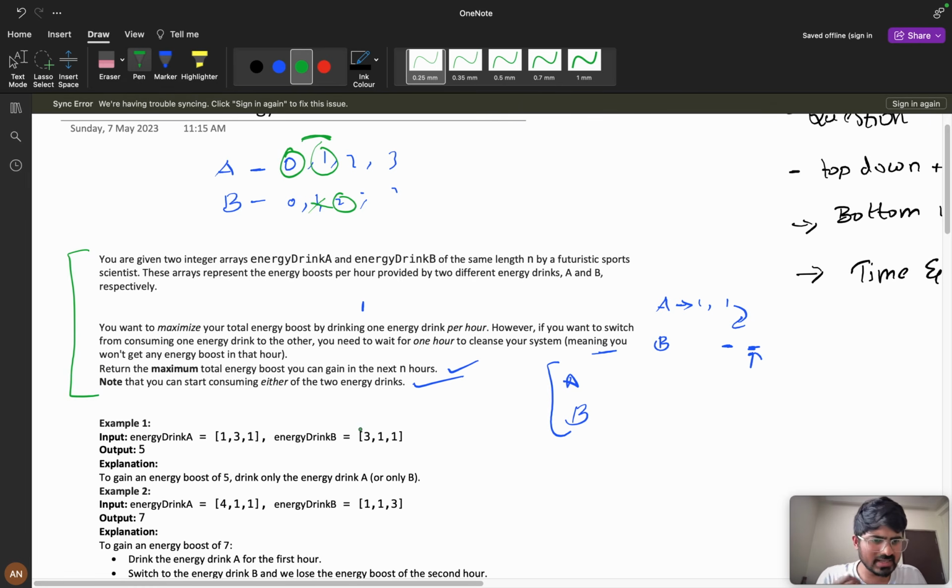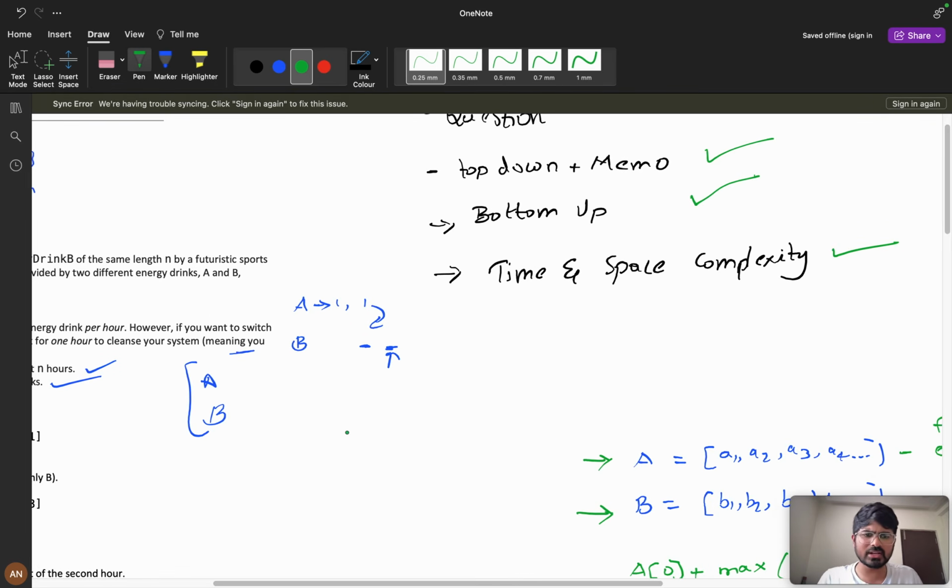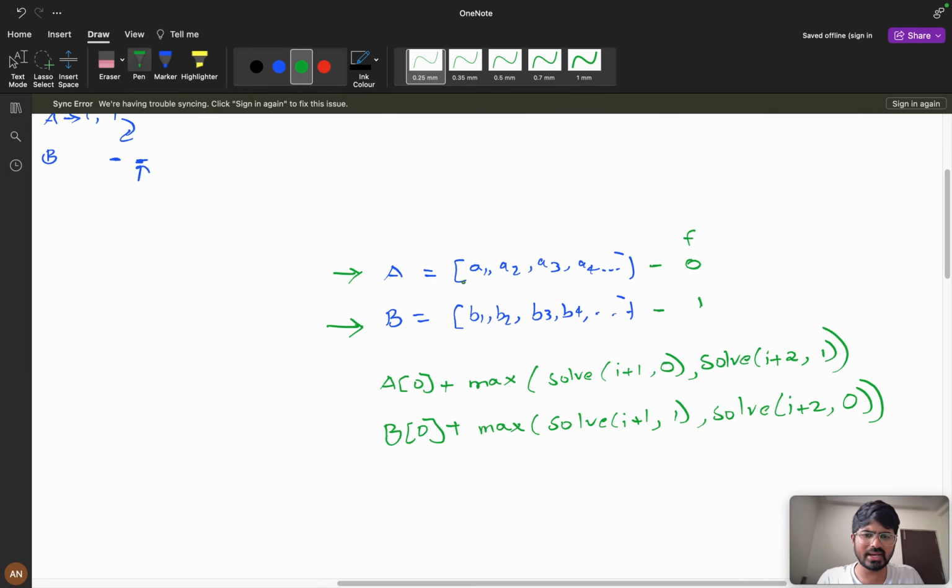Now let's understand the approach, how exactly you can solve this. Consider this is my A drink and this is my B drink, and this is the flag saying whether I am starting with drink 0 or drink 1. Consider I am starting with drink 0. First I will drink A of 0, plus.